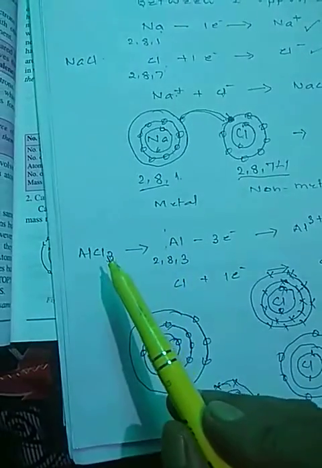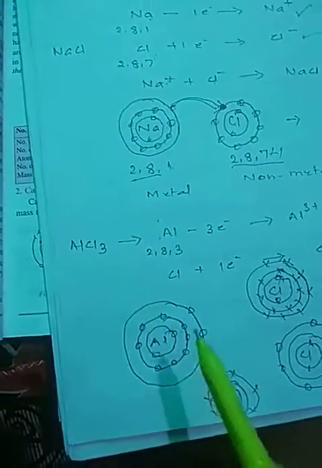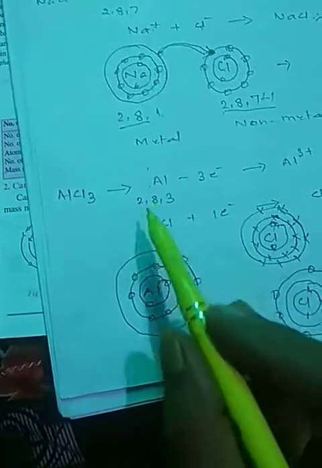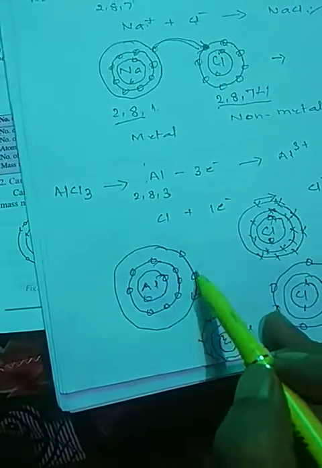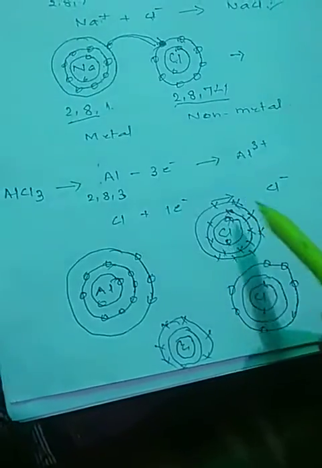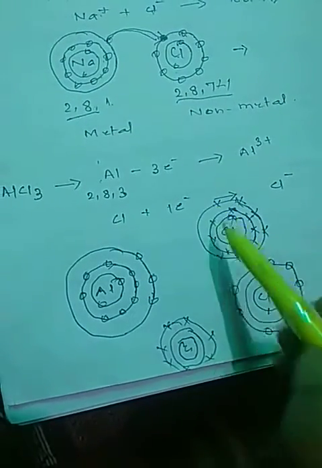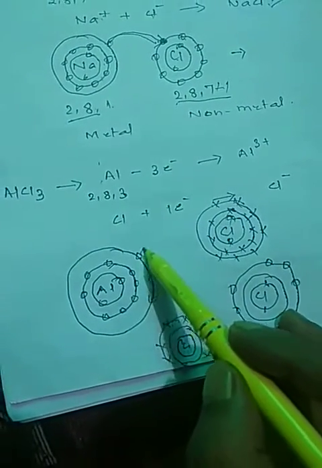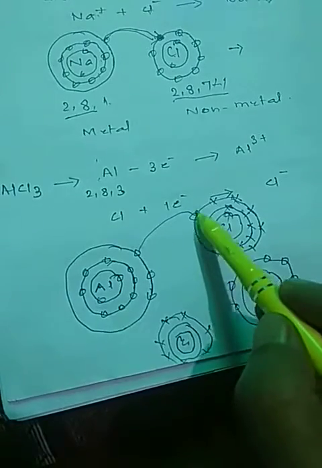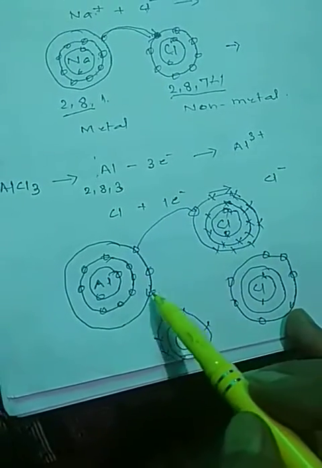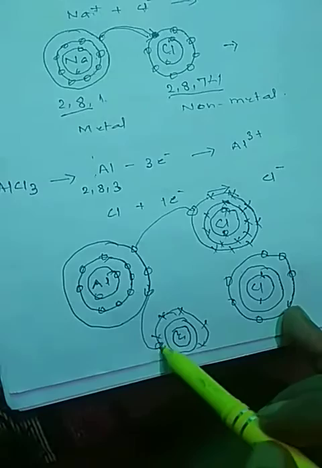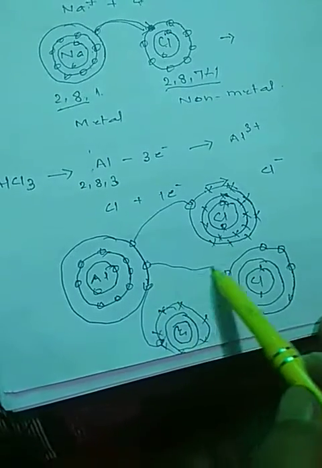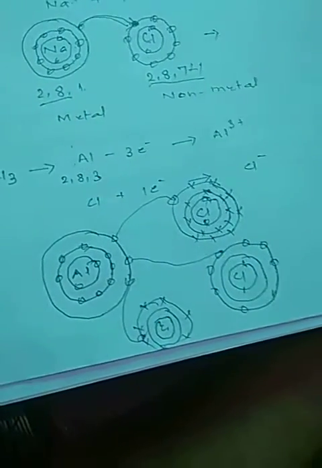Second example: aluminium. Its electronic configuration is 2, 8, 3. There are 3 electrons in the valence shell. Each chlorine has 7 electrons and needs 1 more. So 1 electron is transferred to this chlorine, 1 electron to this chlorine, and another one to this chlorine.